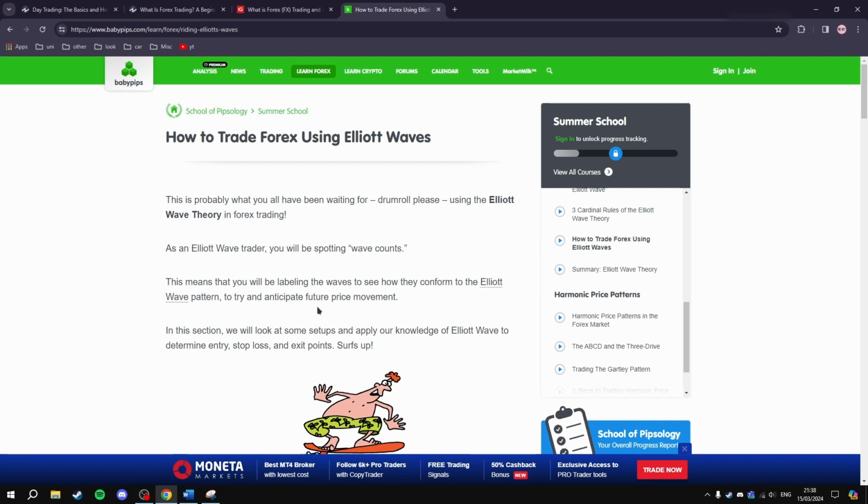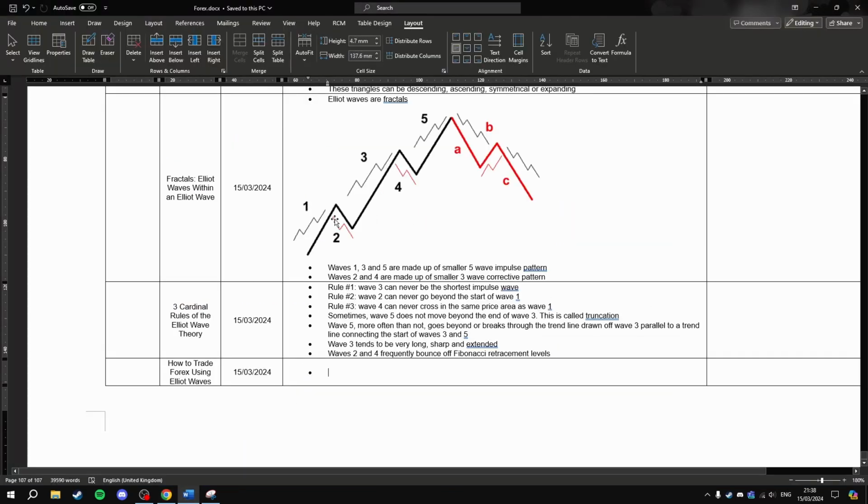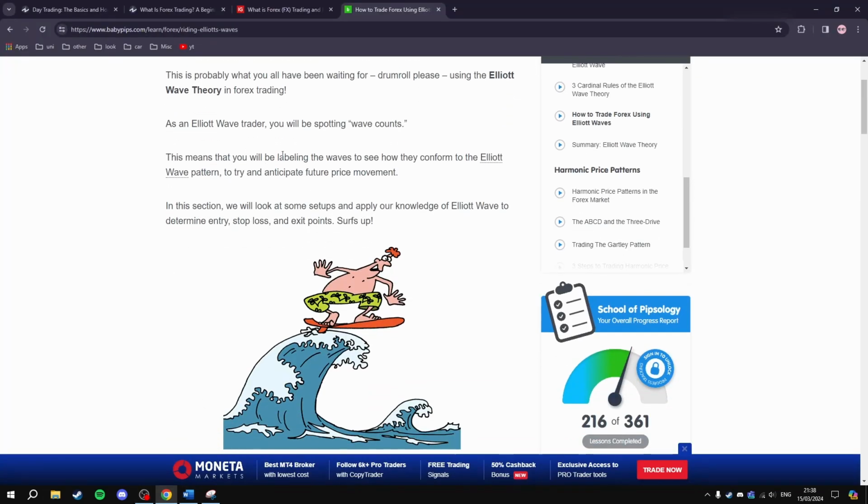Drum roll please, using the Elliott wave theory in Forex trading. As an Elliott wave trader, you'll be spotting wave counts. So, identifying which section of the wave the current market is in, I'm assuming. This means that you will be labeling the waves to see how they conform to the Elliott wave pattern to try and anticipate future price movement.